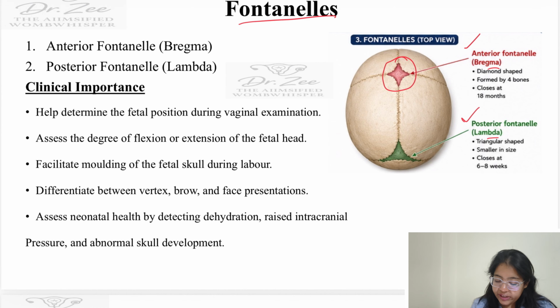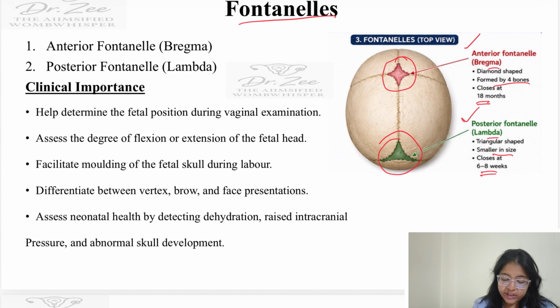The posterior fontanelle is somewhat triangular in shape and formed by three bones: behind by the occipital and in front by the two parietal bones. It is smaller in size compared to the anterior fontanelle. The anterior fontanelle closes at 18 months and the posterior one closes at 6 to 8 weeks after birth.